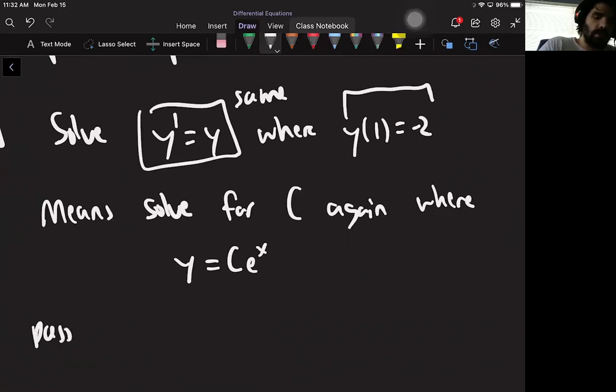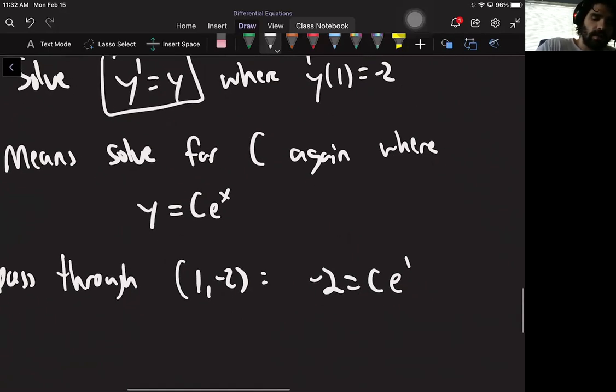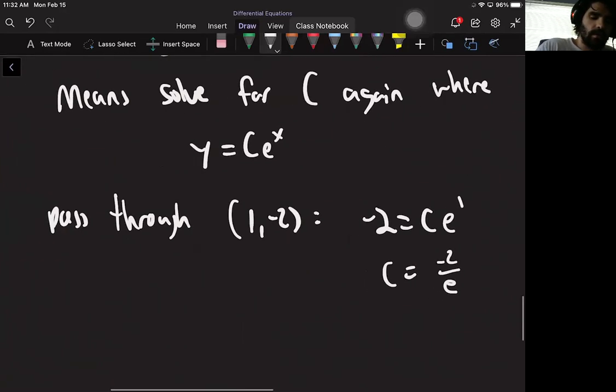So this new condition is saying to pass through... I plug in 1, get -2 as my answer. So -2 equals C e to the 1. I can just divide by e. That's my new constant.